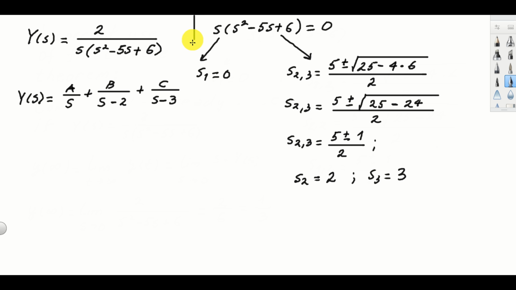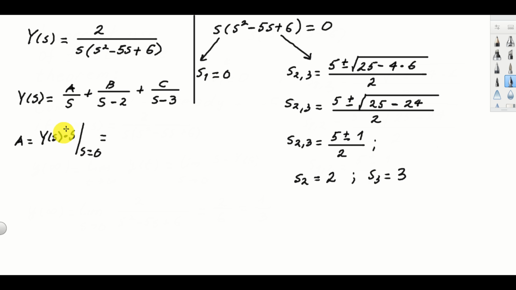Here we need to compute the constants A, B, and C. Let's first compute the constant A. The constant A is determined as Y of s multiplying s, evaluated at s equal to 0.